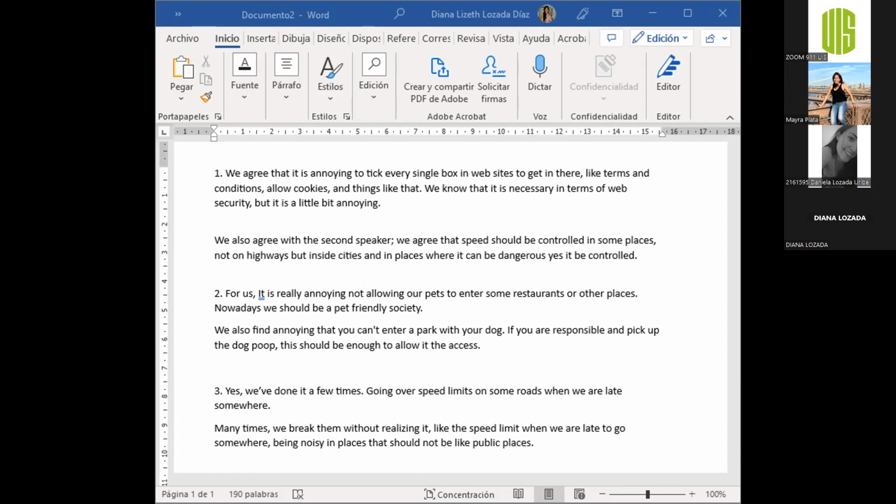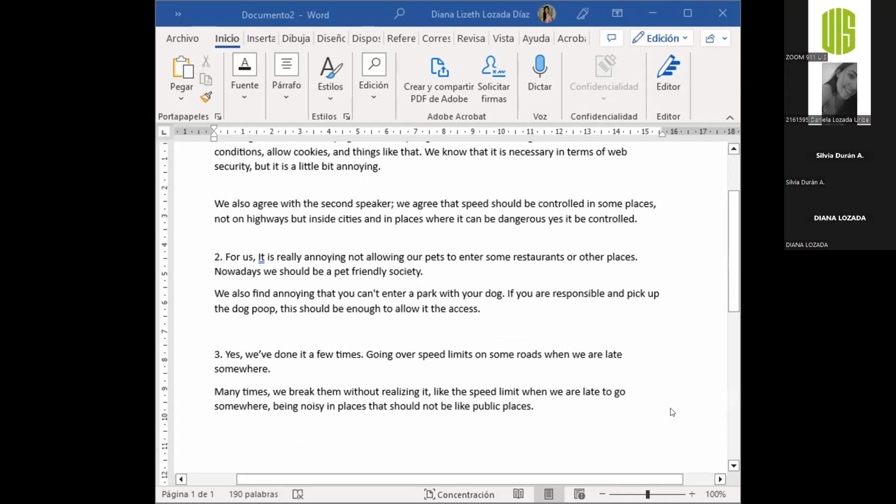For the second question, teacher, for us, it's really annoying not allowing our pets to enter some restaurants or other places. And nowadays, we should be a pet-friendly society. We also find it annoying that you can't even enter a park with your dog. If you are responsible and pick up the dog poop, access should be allowed.